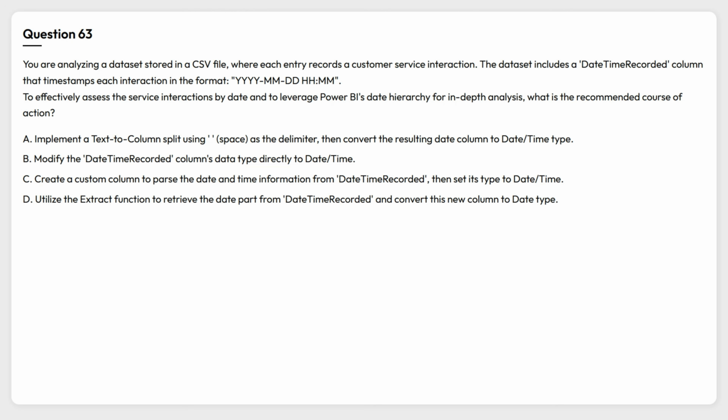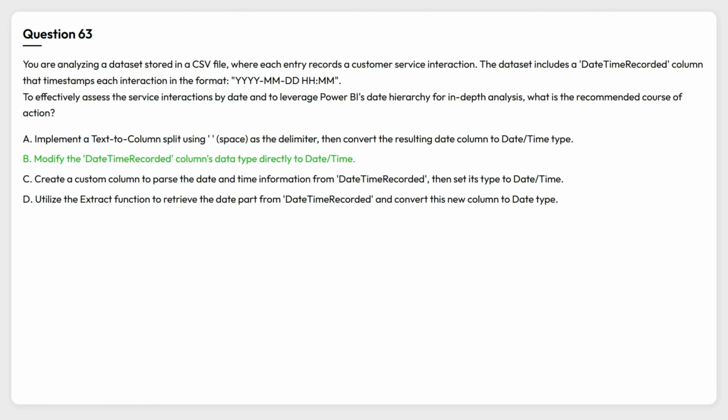Option C. Create a custom column to parse the date and time information from datetime recorded that then sets its type to date or time. Option D. Utilize the extract function to retrieve the date part from datetime recorded and convert this new column to date type.